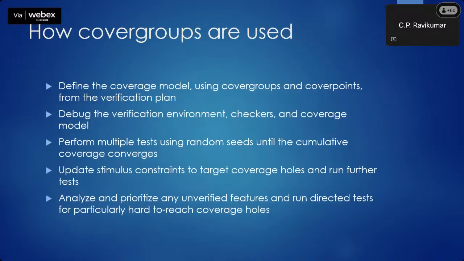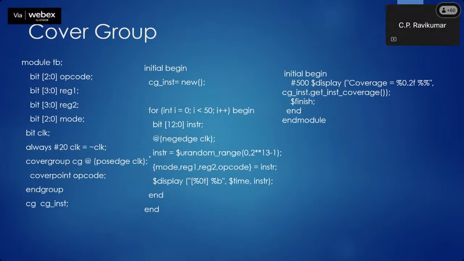So here is the syntax for these cover groups and cover points and so on. It's a trivial example. Take some processor. It has a 3-bit opcode, and there are possibly 8 registers that the instruction may refer to.